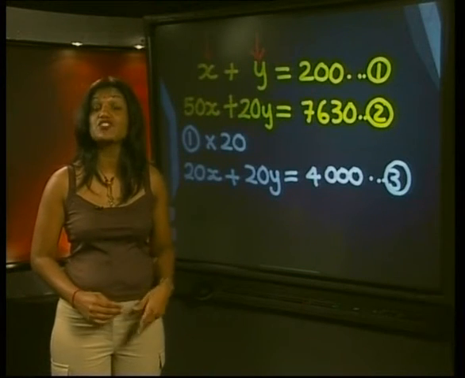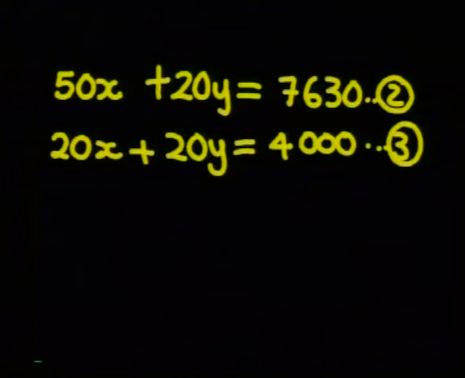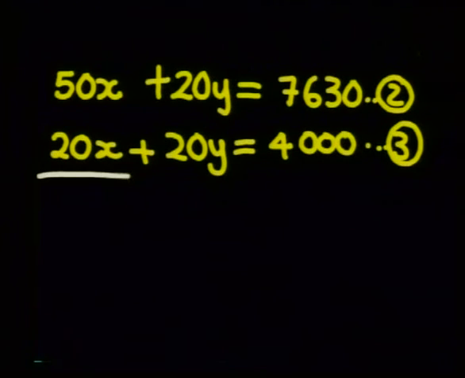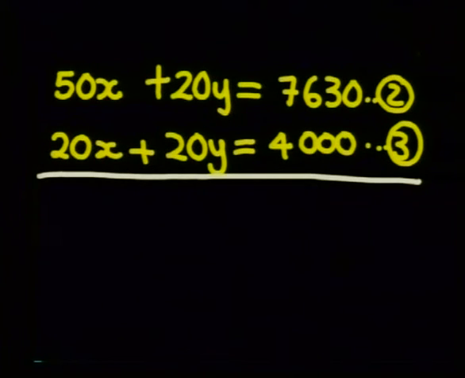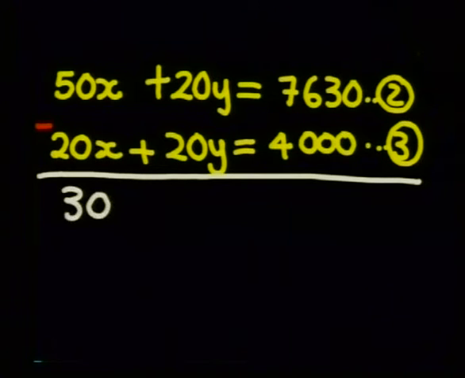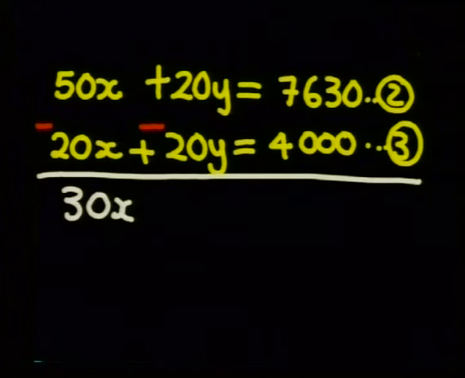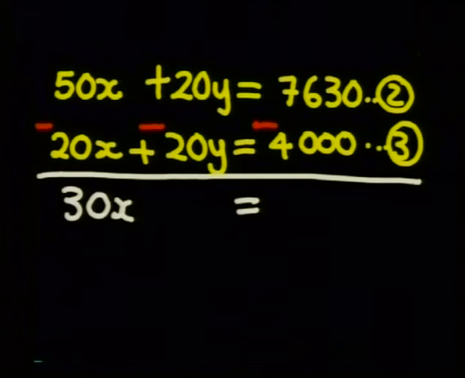Now I can subtract this new equation from equation 2. Remember, we need to change the signs. So this becomes minus 20x. 50 minus 20x gives me 30x. 20y minus 20y gives me 0 is equal to 7,630 minus 4,000, which gives me 3,630.